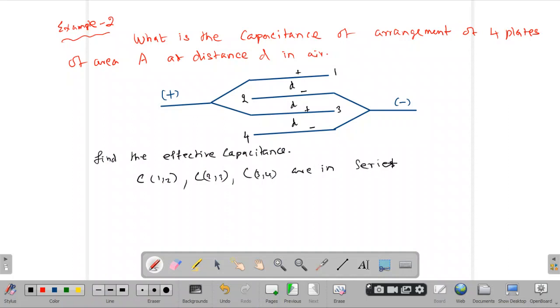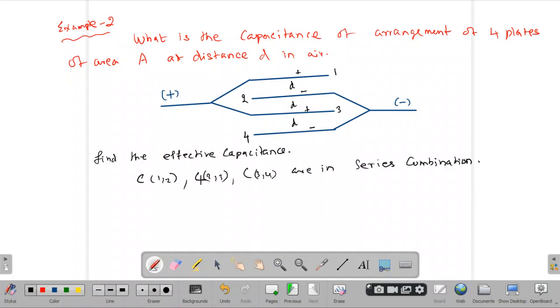The previous one was parallel combination. Here all the three are in series combination. And all the three are identically equal because in all the three there is the same plate area, same separation, same insulating medium filling the gap between the plates.